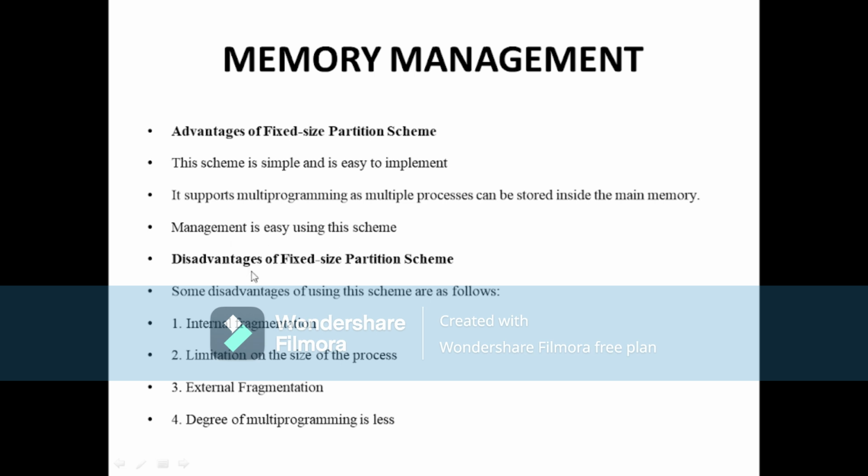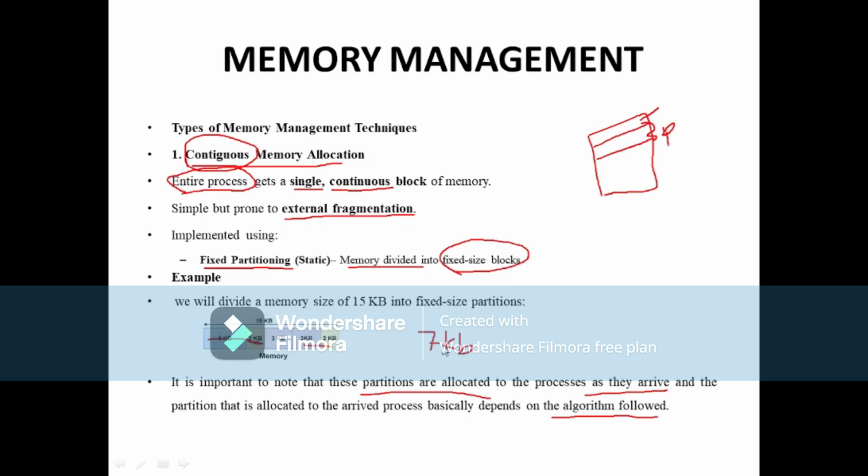Let us see the disadvantages of the fixed size partition scheme. The first disadvantage is there is a possibility of internal fragmentation, there is a possibility of external fragmentation, and there is a limitation on the size of the process. In the previous example, if the process is of size 7 KB, we can allocate these two blocks. But what if the process is of size 16 KB or 17 KB?